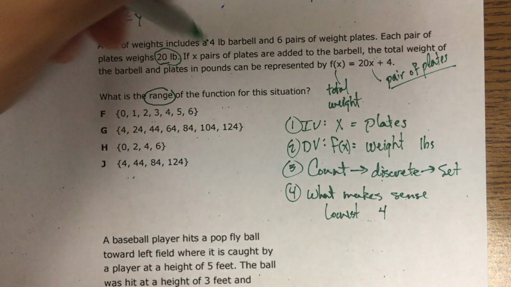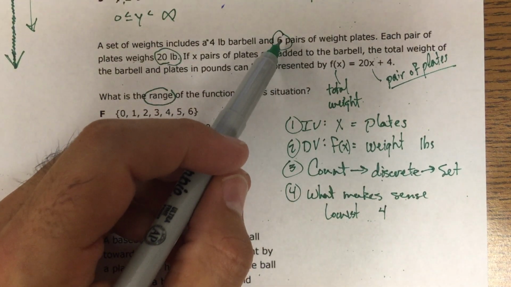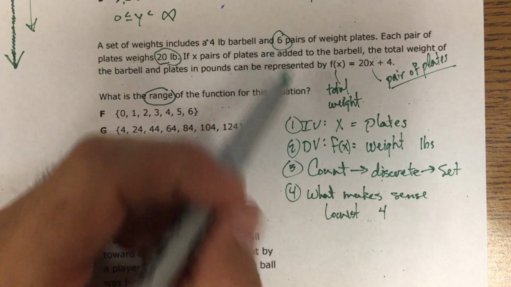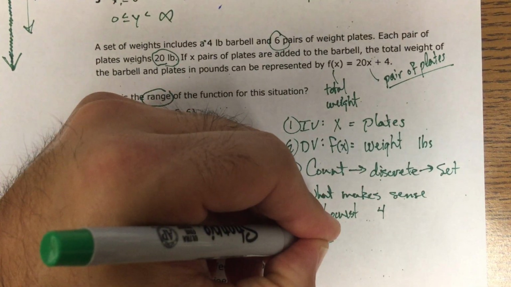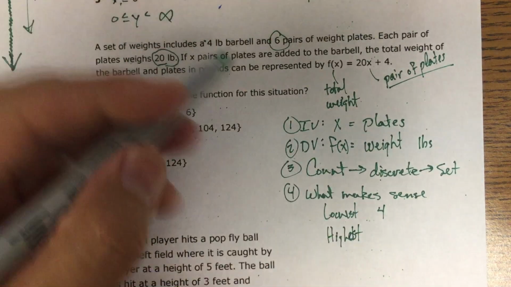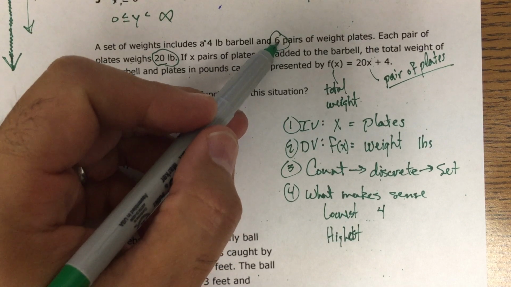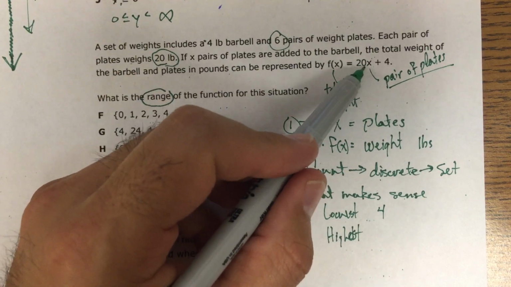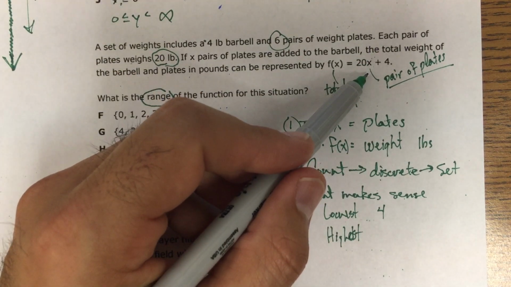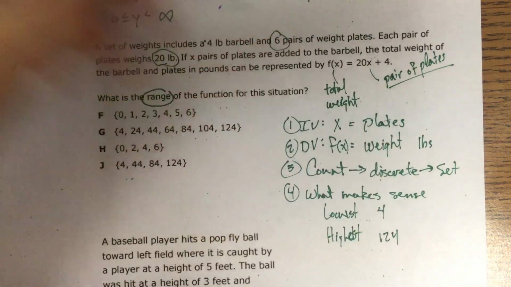And then the biggest number, I can have as many as 6 pairs of plates. So the highest weight I can have would be 6 times 20. 6 times 20 is 120. 120 plus 4 is 124. So the highest number is 124.